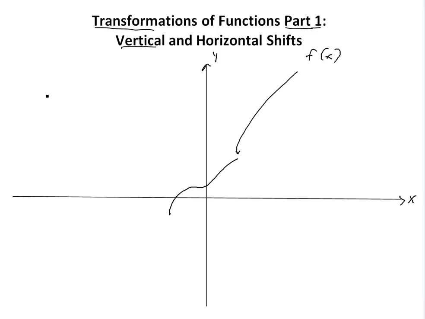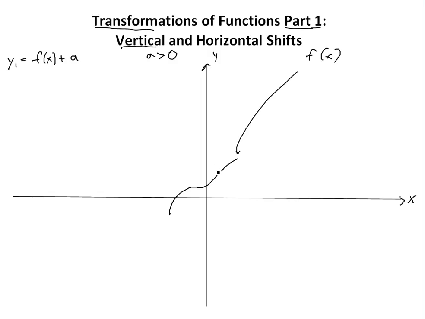Let's say we want to graph y1 equals f of x plus a, where a is greater than 0, just some random number. What this means is that at every point on f of x we just shift up.